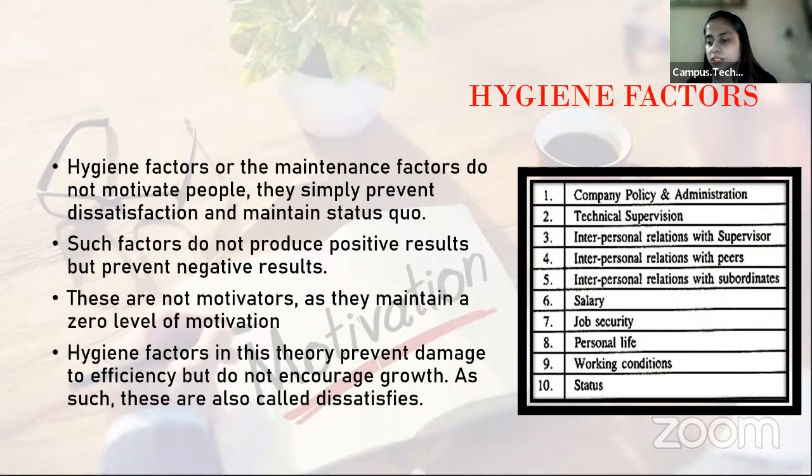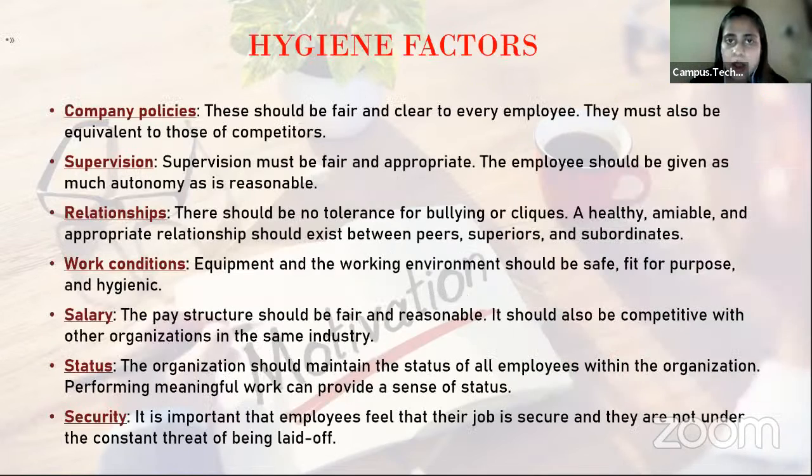The working condition needs to be very good, very advanced when it comes to hygienic factors, and the status. So there are many different hygienic factors which we practice. All these hygienic factors in detail we are going to study in the next session of motivation.